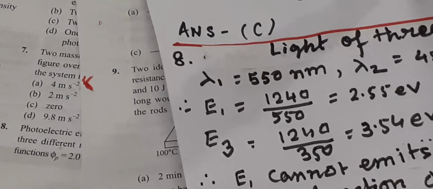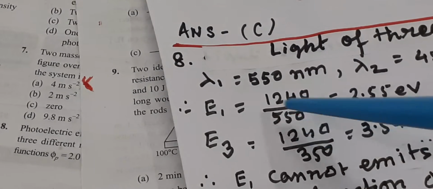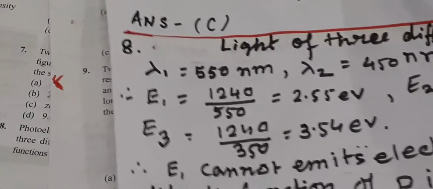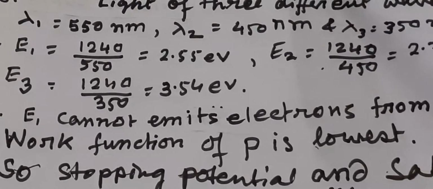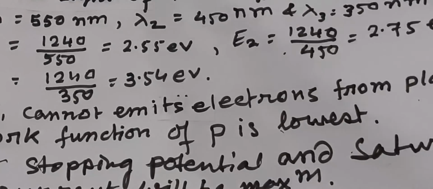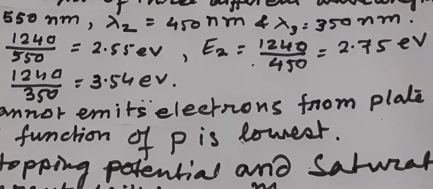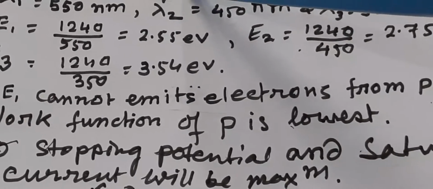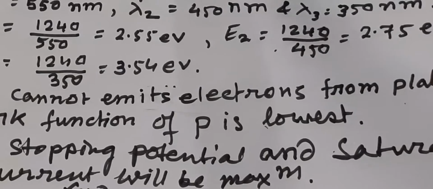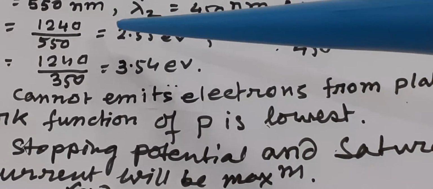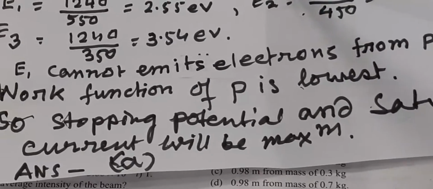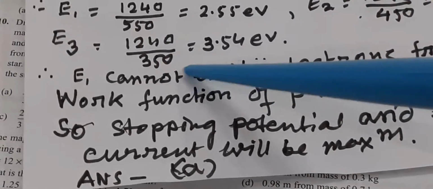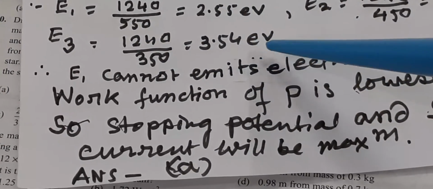E1 will be hc by 550, that means it will give 2.55 electron volt, and E2 will be 1240 by 450, that means it will have energy 2.75 electron volt. So the incident rays: one wavelength has energy 2.55 electron volt, the other one has 2.75 electron volt. For 350 nanometer wavelength, it will have 3.54 electron volt.